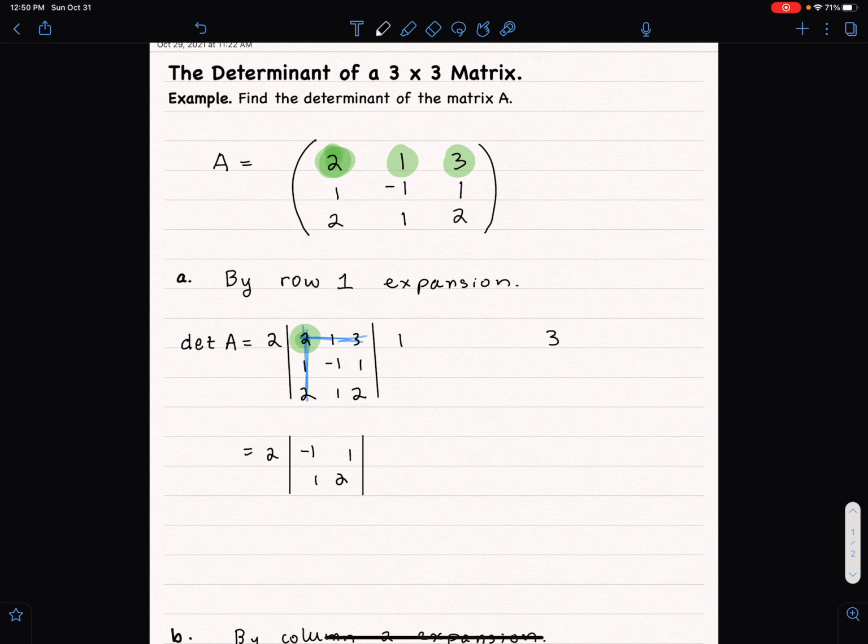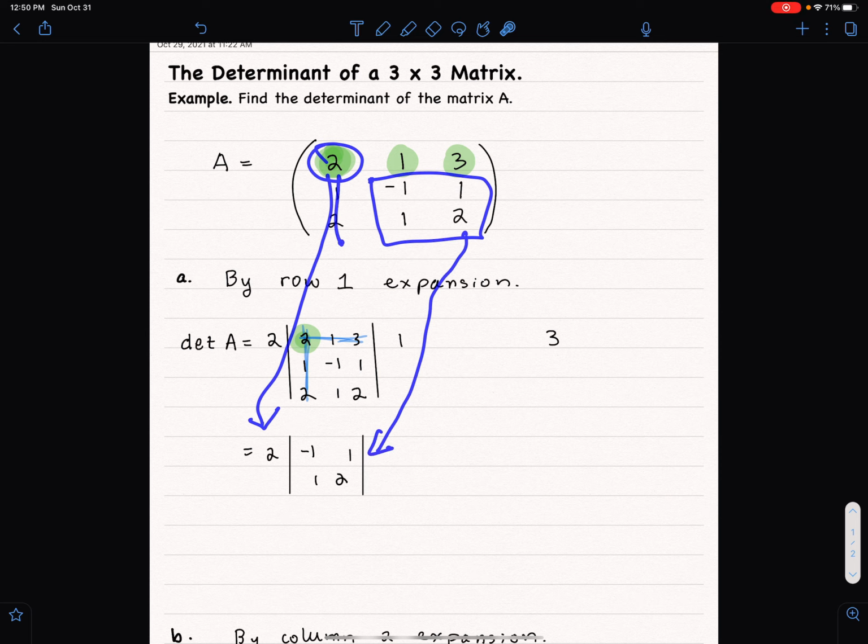All right, so that's that first part. So I take 2, and then I multiply by the determinant of the matrix found by crossing out the row and column that have the 2, and that's this over here. So you don't usually show this step here. Just take the 2, put that there, then take the 2 by 2 matrix that's found by crossing out the row and column that contain that 2.